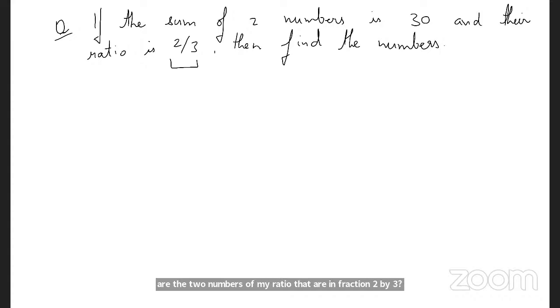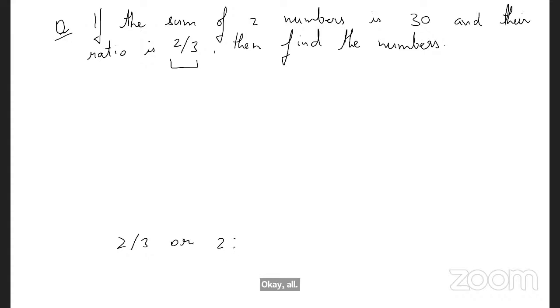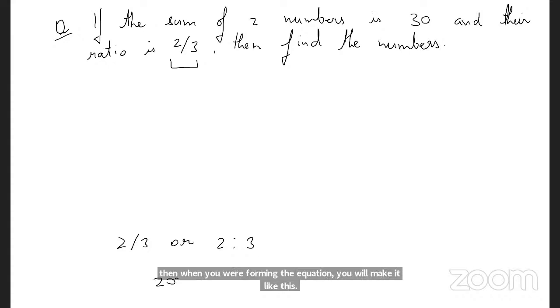Now, suppose I am given a 2 by 3 ratio, or 2 is to 3. So what will be my variables? 2x and 3x that we are going to use in the equation. Always remember, if a ratio is given in the form of 2 by 3, or 2 is to 3 or any other numbers, when you are forming the equation, you will make it like this: 2x plus 3x.